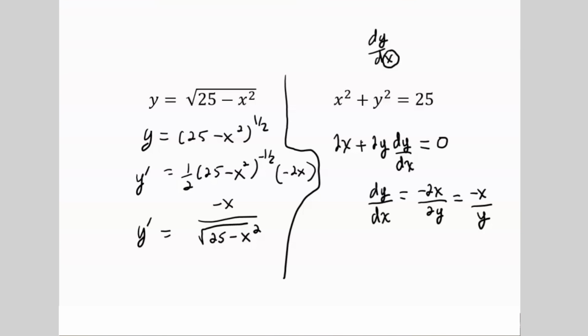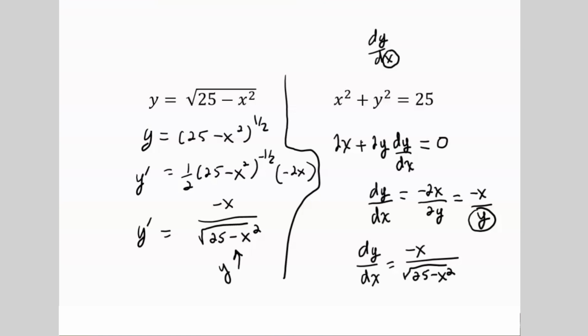Now you can see that we're close to the answer we got when we did it explicitly, but we need to go back and sub in y. In this case, dy/dx would equal, we can see over here that this does equal y, so we get negative x over the square root of 25 minus x squared.